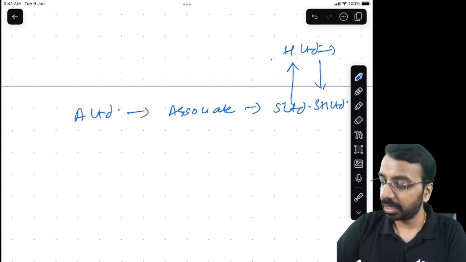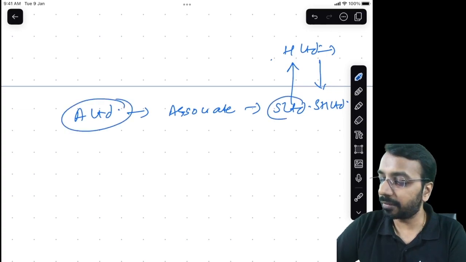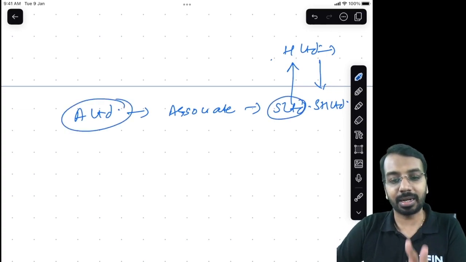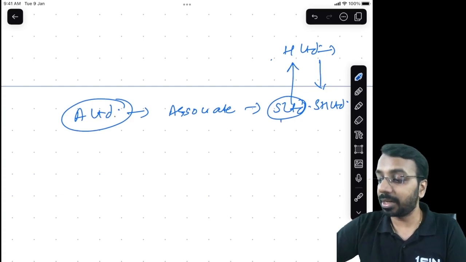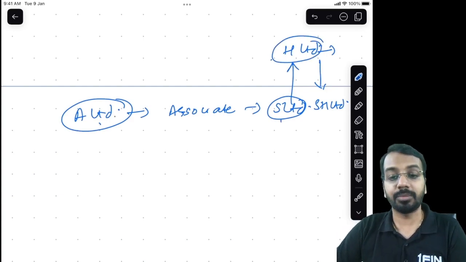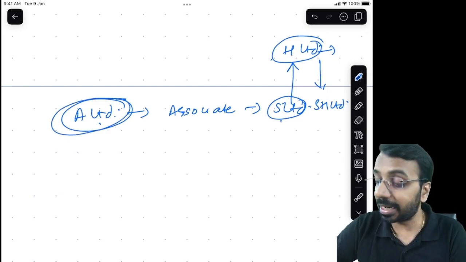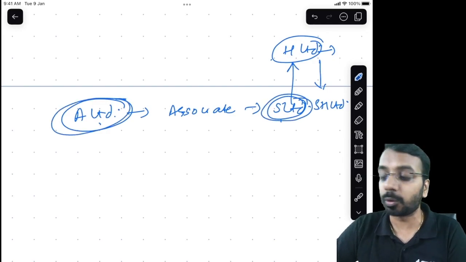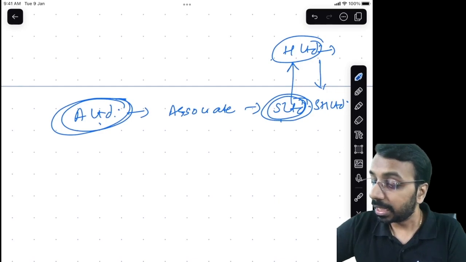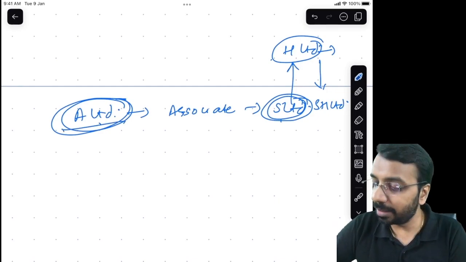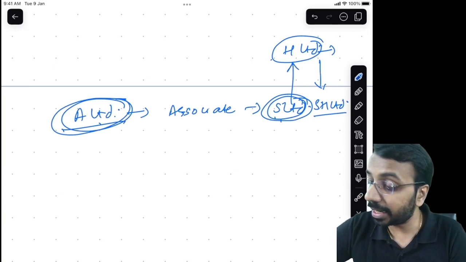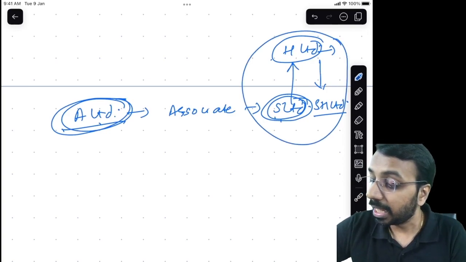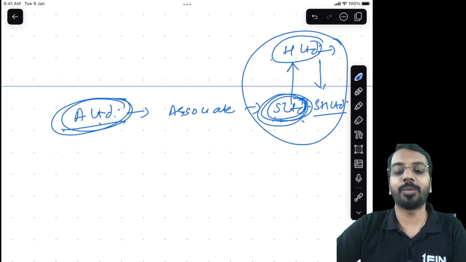Now, A Limited is the associate of S Limited. Are A and S Limited related party? Yes. Is H Limited related to A Limited? Yes, because A Limited is an associate of a member of the group. Now, is A Limited associate of SS Limited? Yes, because SS Limited and S Limited, they are a family, and if there is any associate of any member, they become related to other members also.